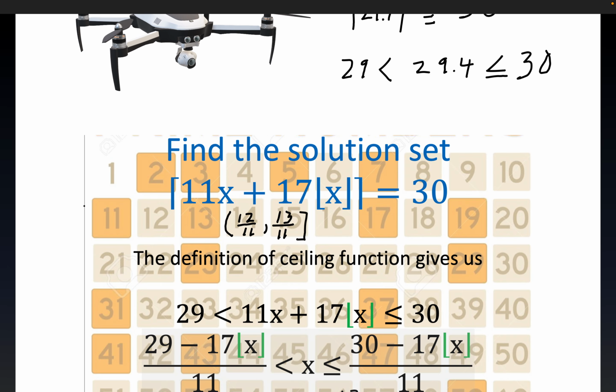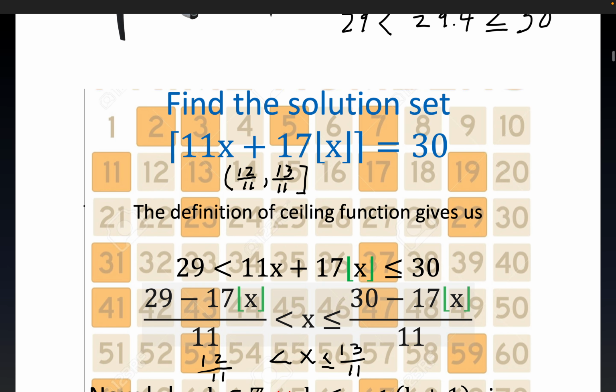Now, another one you can try if you want, just for experimentation. Again, I'm not going to do the calculation for you. But 12 over 11 is not part of the solution, but it does determine the boundary. 12 over 11 is equal to 48 over 44.